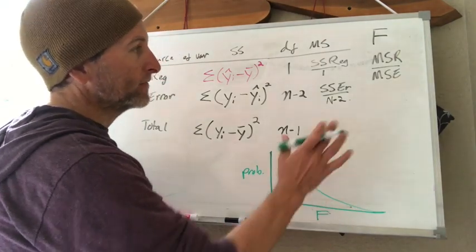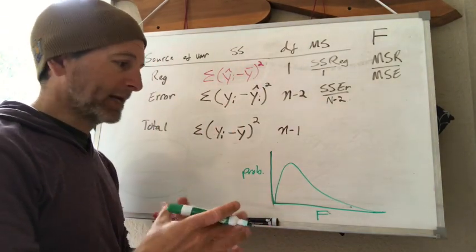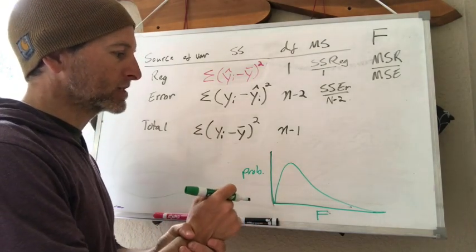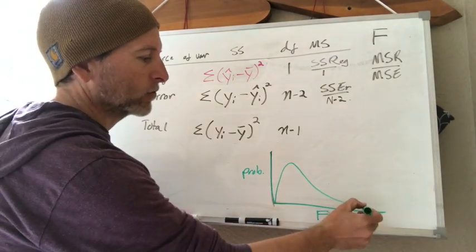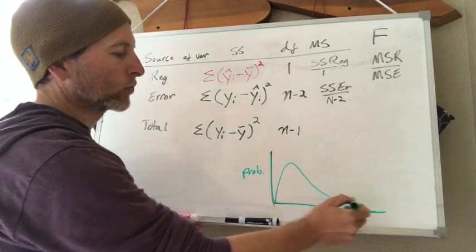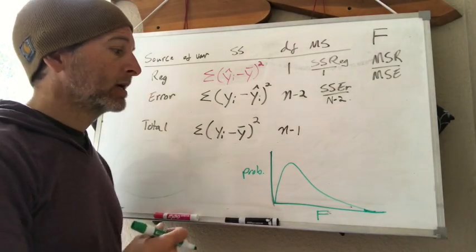And if there's no real relationship and you're just randomly sampling points and occasionally getting a line out of the points that you sample, that turns out to be kind of a rare occurrence, and you end up with a really high F score, which would be a rare probability in the case that there's no real relationship.